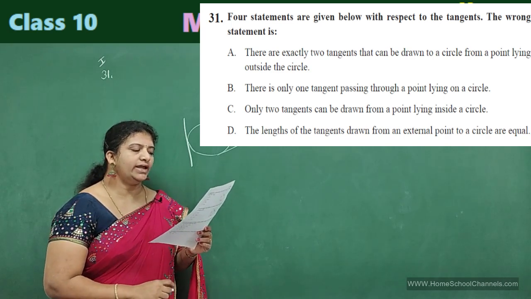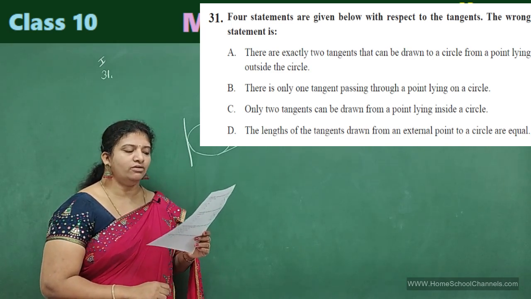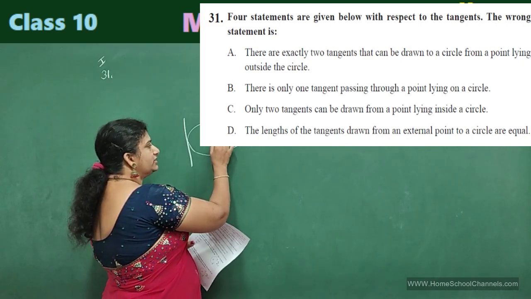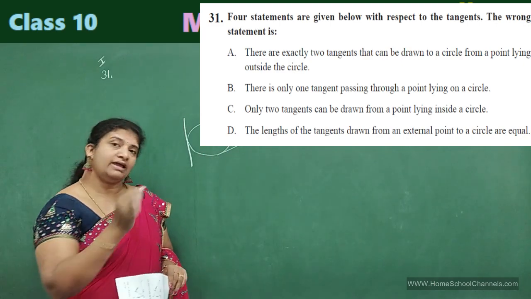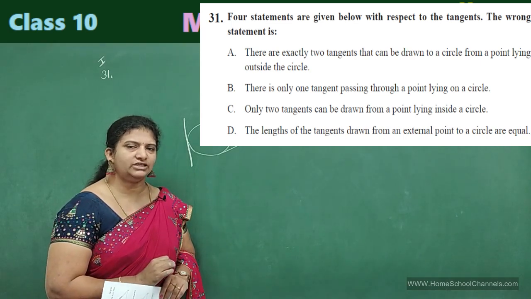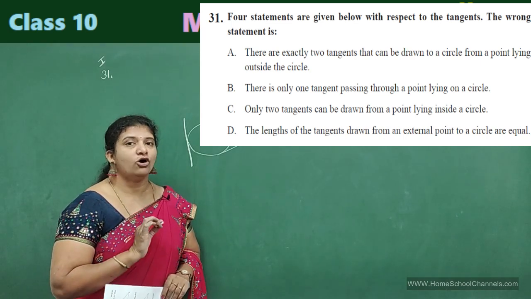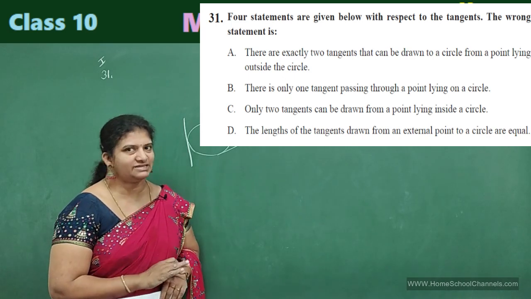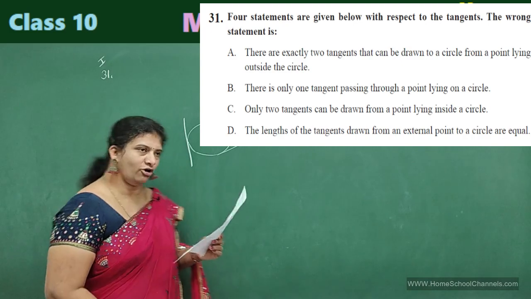Option C, only 2 tangents can be drawn from a point lying inside a circle. See, if a point is lying inside a circle, do we call that line as a tangent? No, it is not a tangent. I cannot draw any tangent inside the circle. So option C is the wrong option.